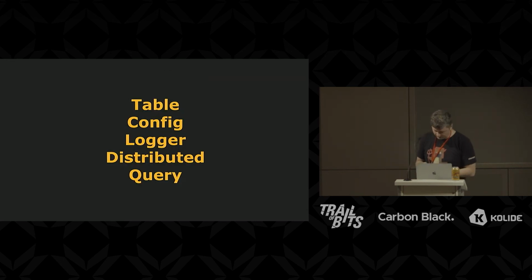As I mentioned, osquery has tables, config plugins, loggers. It allows you to write distributed queries, or we also call them live queries and ad hoc queries. And then it also has a way where you can query osquery to get the results of a query through this API. The client also has a really cool method called columns.